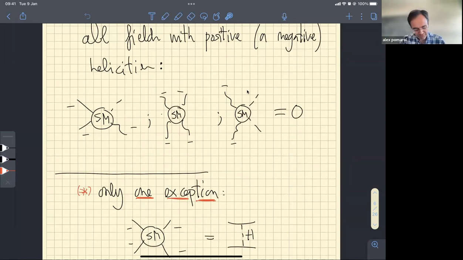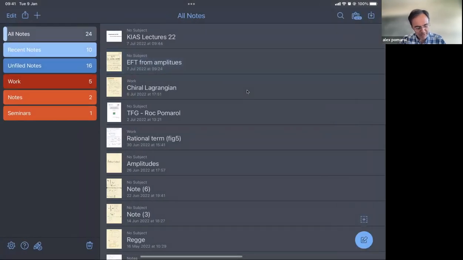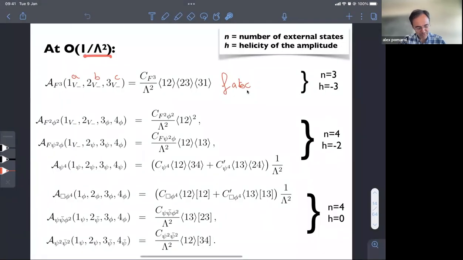This is an important thing to remember, because this is in the standard model, and it is a good way to distinguish between the standard model and beyond the standard model. That means lambda 4. For example, here we see that there is a possibility to have two vectors with helicity minus, both minus, and a Higgs.